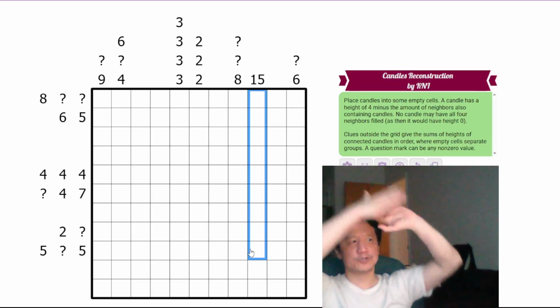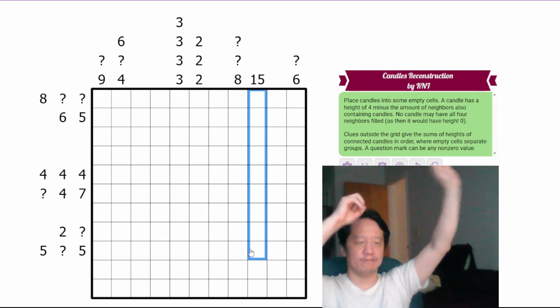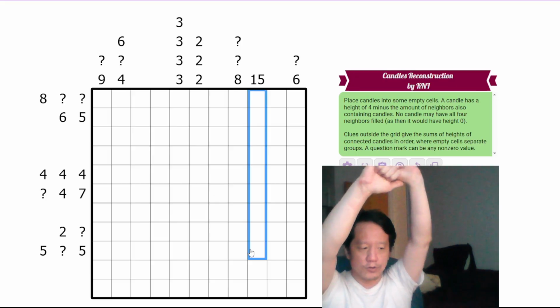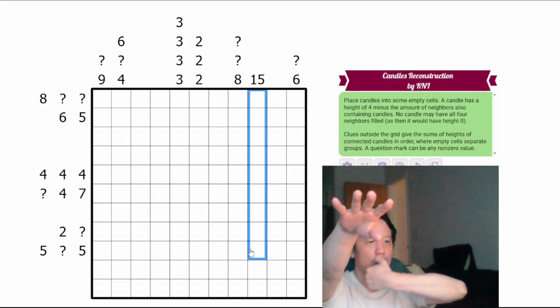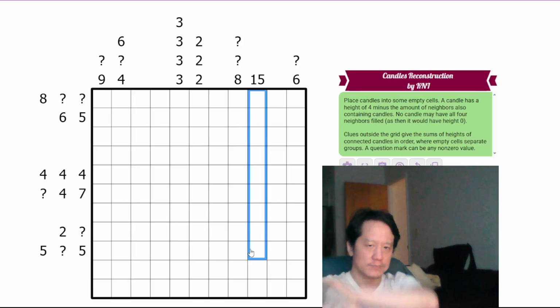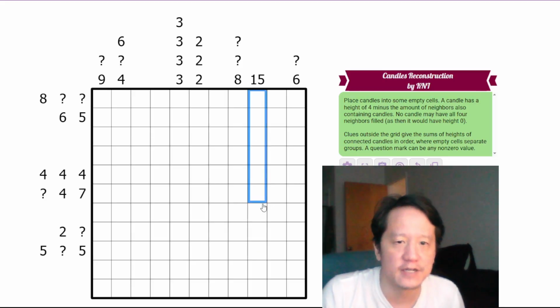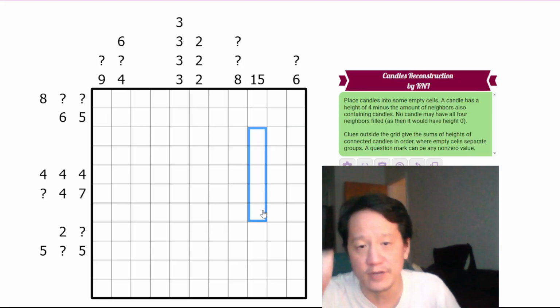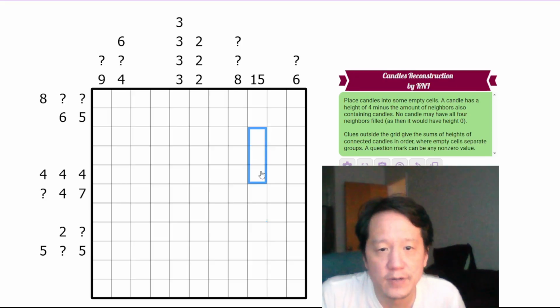So any candles in a row that are made up of multiple candles, you can never have a 4 in that set. So this is going to be a set of 5 candles at least. Because every one of those candles is necessarily going to have a neighbor with a candle, right?